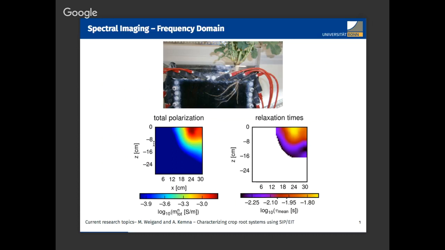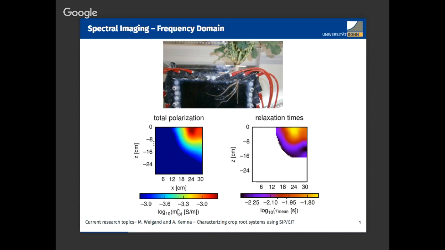You can see it in the lower left corner. We were really able to delineate the root system extension. In addition, we observed really nice and systematic relaxation times derived from the Debye decomposition that you can see on the right side.